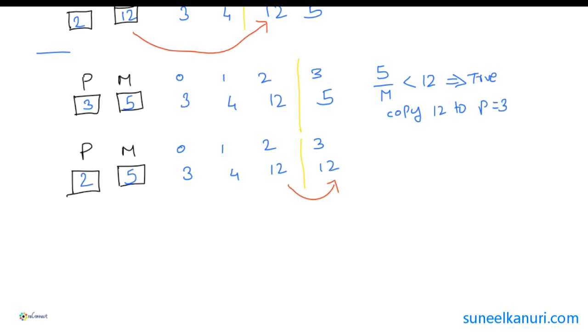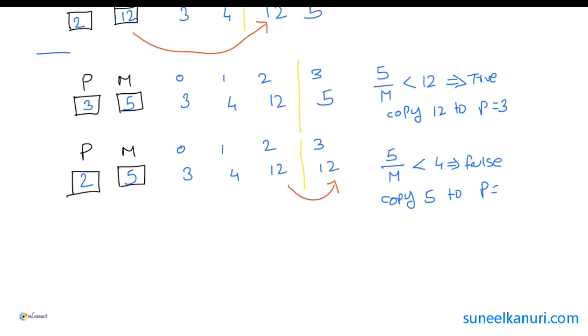Now we compare M, which is 5, with the element at position 1, which is 4. Since 5 is less than 4 is false, we're going to copy 5 to the position pointed to by P, which is 2.